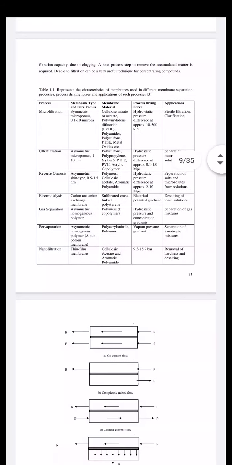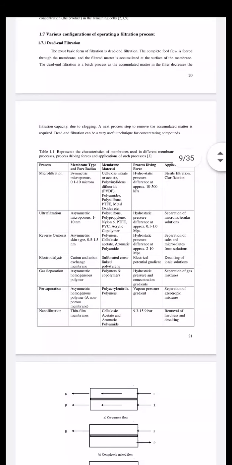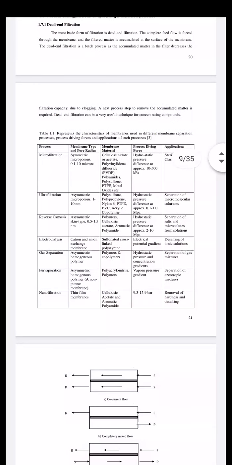Selectivity is the term where we can separate a desirable or desired fraction of the solvent. By using the morphology of the membrane, we can separate various types of ingredients from the mixture. So that is a specialty.